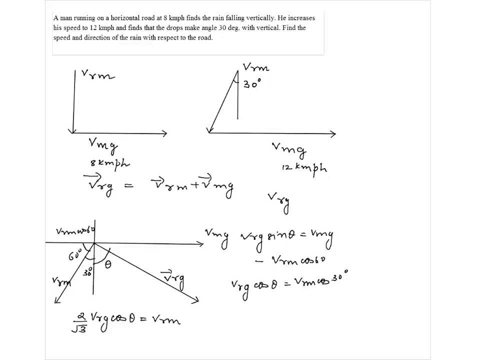And then it would be VRG sin theta. VMG is how much? That you should be able to tell. Sir, 8 kilometers per hour. Which case are we discussing? Left or right?